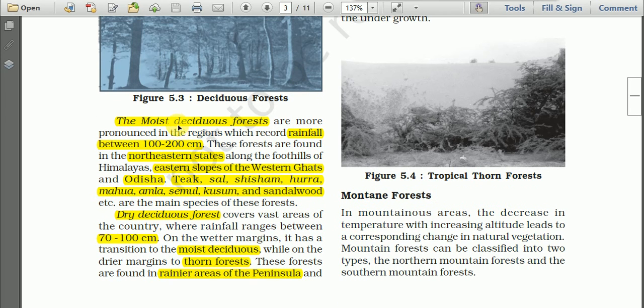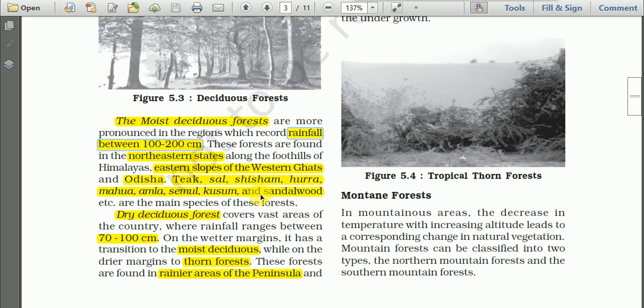See, the first important type of deciduous forest is the moist one. Moist deciduous forests are more pronounced in regions which record rainfall between 100 and 200 centimeters.